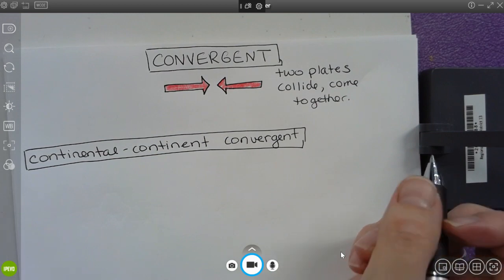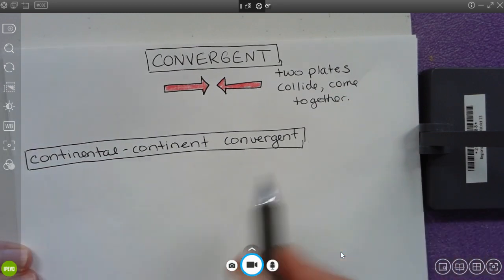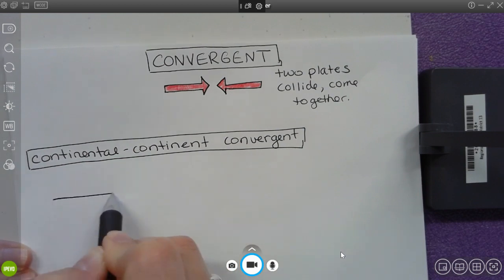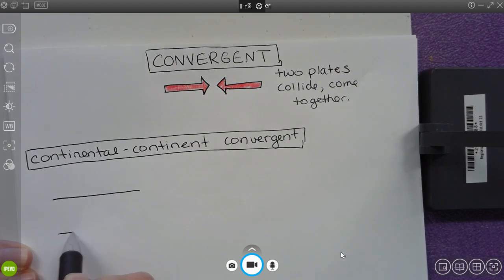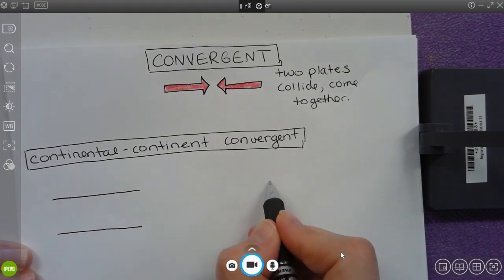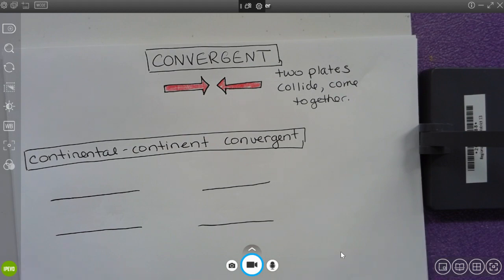All right, so this one is hard for me to draw. I'm going to admit it, but I'm going to do my best. Okay, so what I'm going to do is draw my two continentals kind of coming together. But what ends up happening is once they come together, right, they can only do certain things.